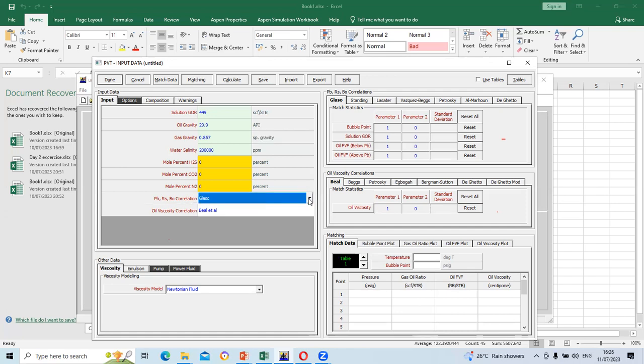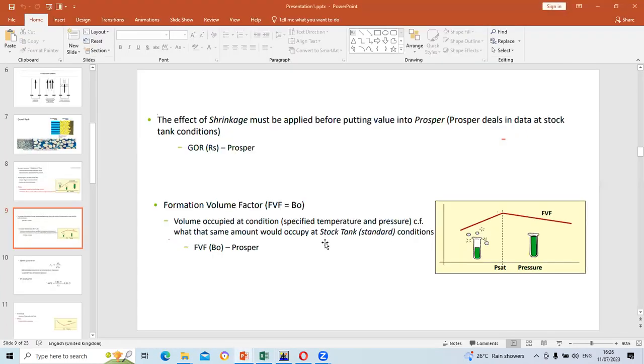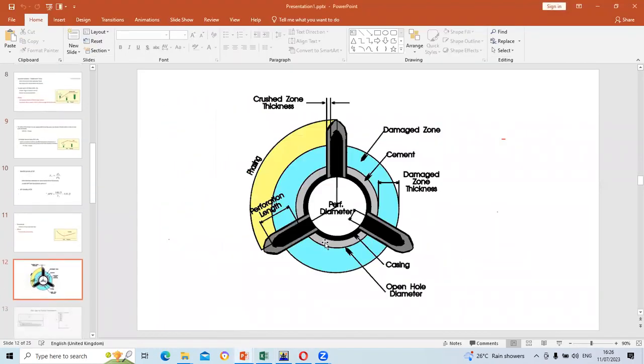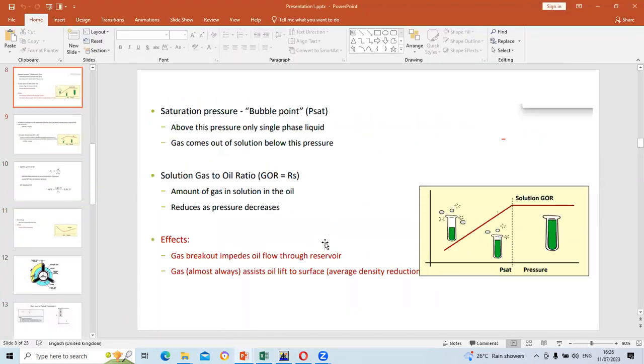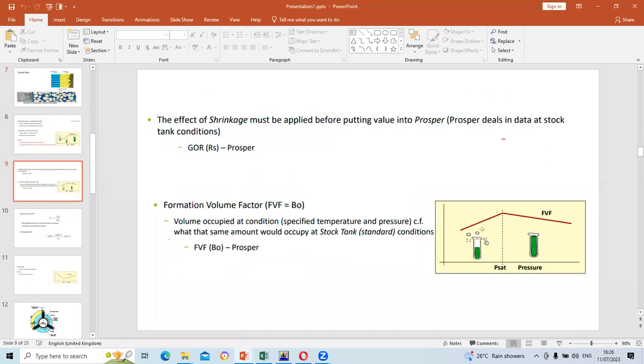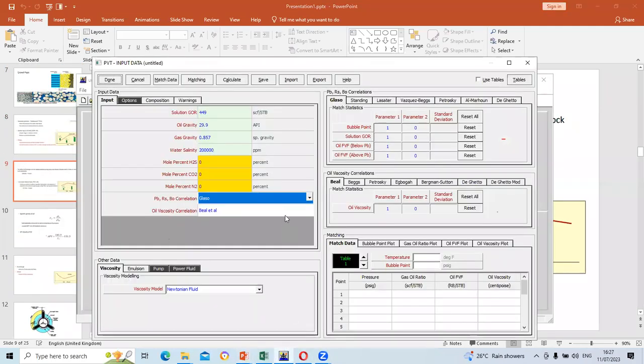So you have different correlations that can be used. We have Glaso, we have Standing, we have Lasater, we have Vasquez and Beggs, and all of that. All of these correlations you can always get. In any petroleum engineering book, you can always get each of these formulas.